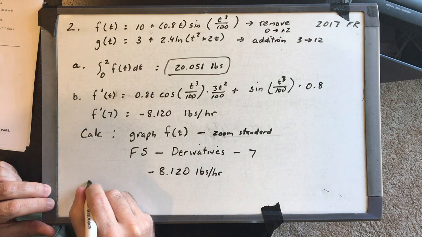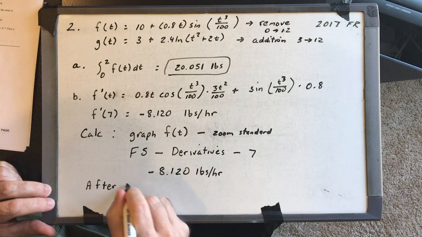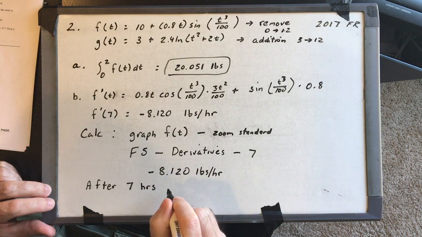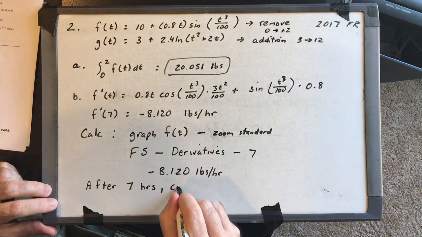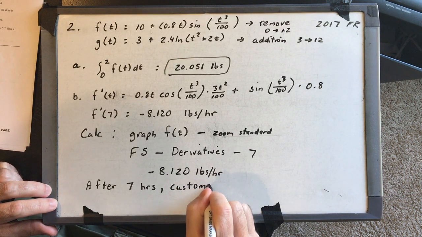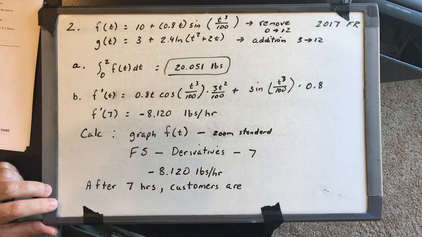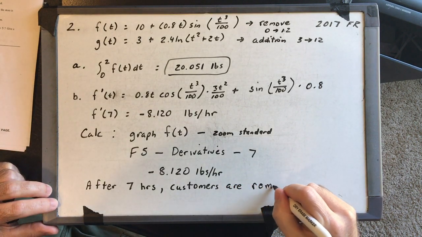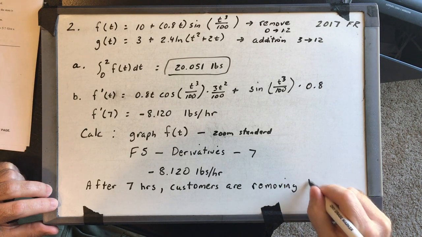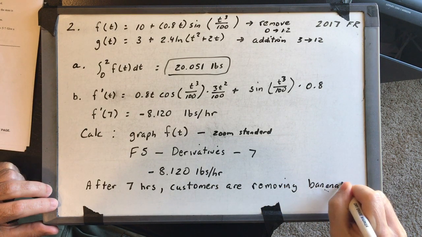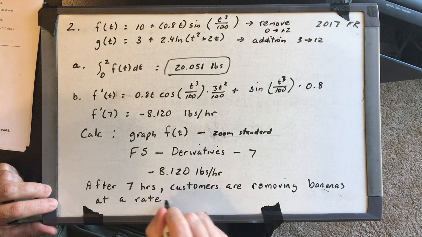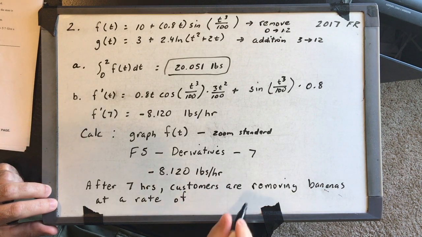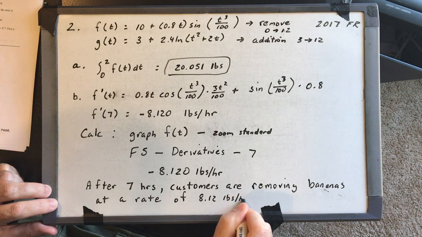Okay, so the meaning is after 7 hours, customers are removing bananas at a rate of, so they're removing, that's why it's negative 8.12 pounds per hour.